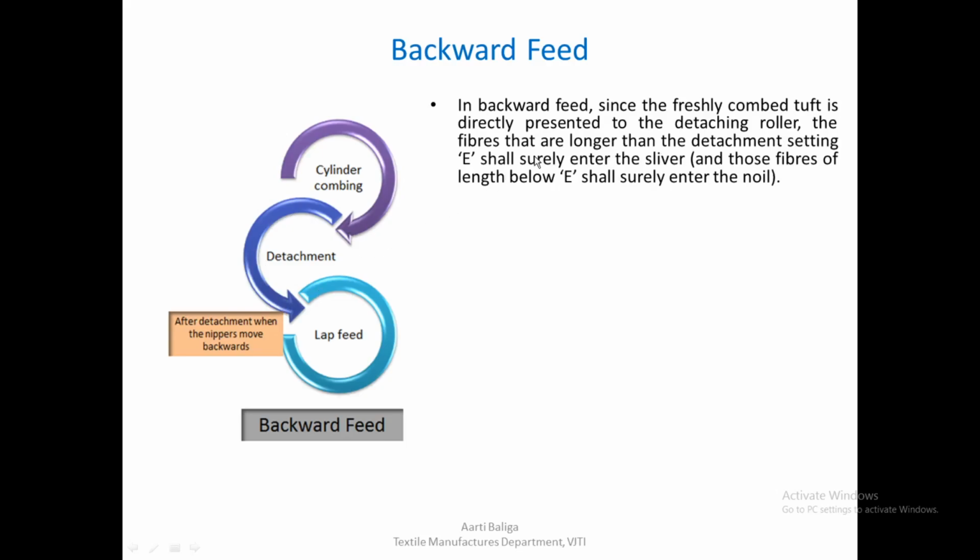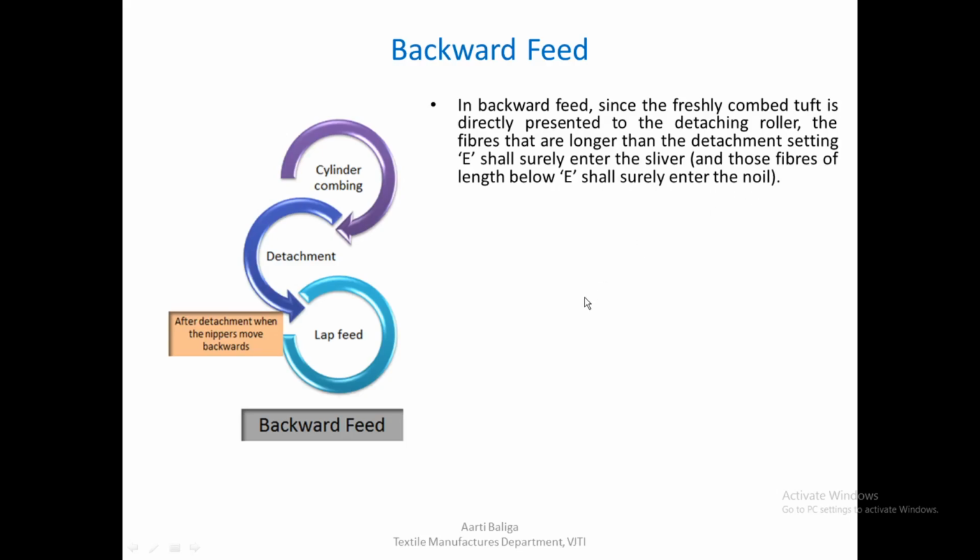So therefore, for the fibers that are longer than the detachment setting, we have seen that the detachment setting is E. Only those fibers which are longer than E will be able to reach the detaching roller grip, and they will surely enter the sliver. And those fibers which are below this length E shall definitely land up in the knot.